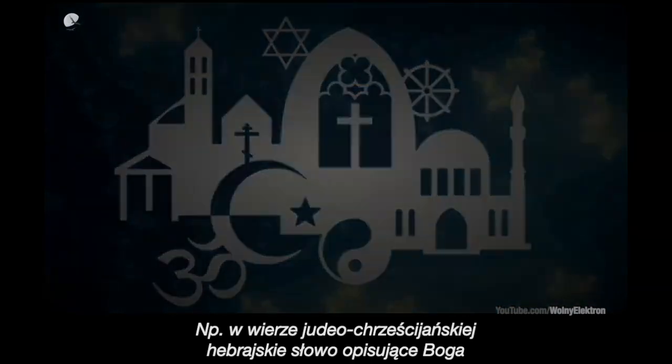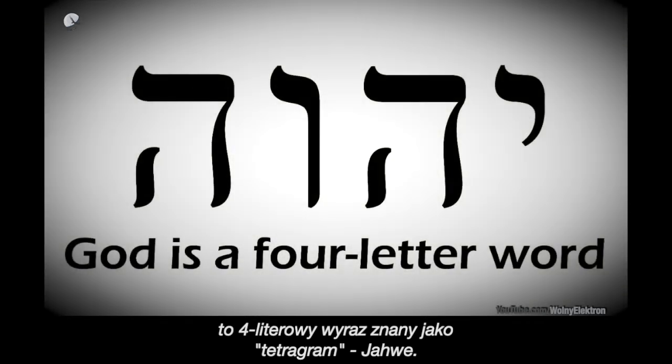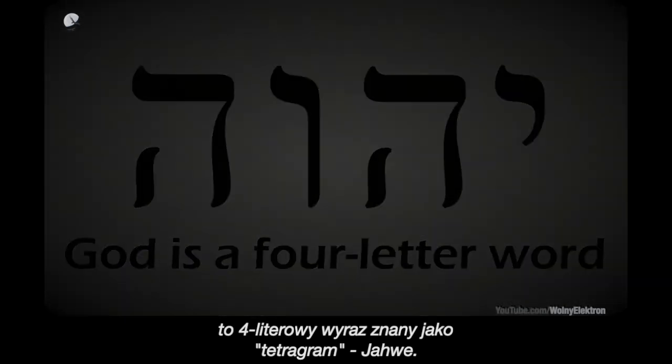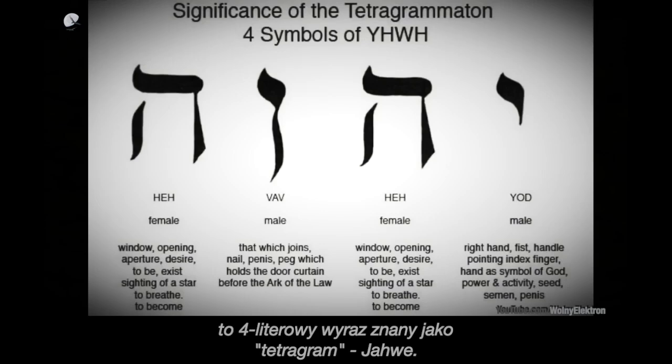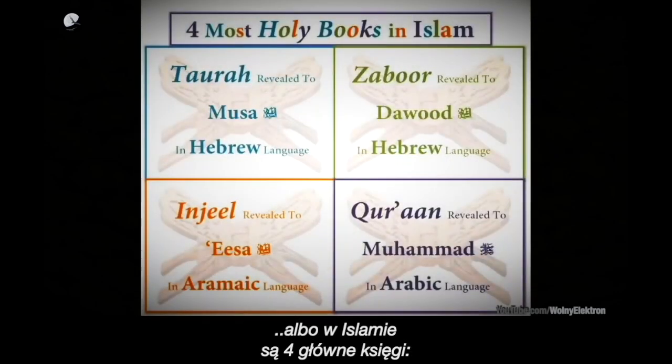For instance, did you know that in Judeo-Christian faith, the Hebrew word for God is a 4-letter word known as the Tetragrammaton, Yahweh, Y-A-H-W? Or that in Islam, there are 4 main books: the Torah, the Zabur, the Injil, and the Quran.